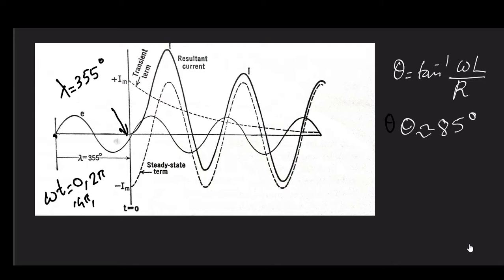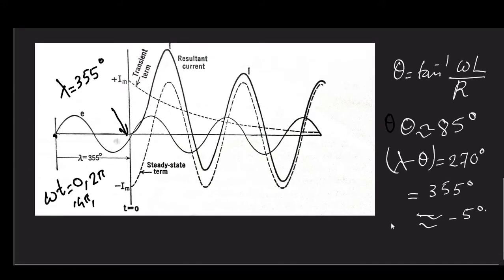And here what we want is lambda minus theta equal to 270 degrees, so we decide lambda to be 355 degrees just to illustrate an extraordinary situation. This is very rare in reality. If you do this, this can also be written as -5 degrees, right? When we see what we will be getting, it is a very interesting thing.